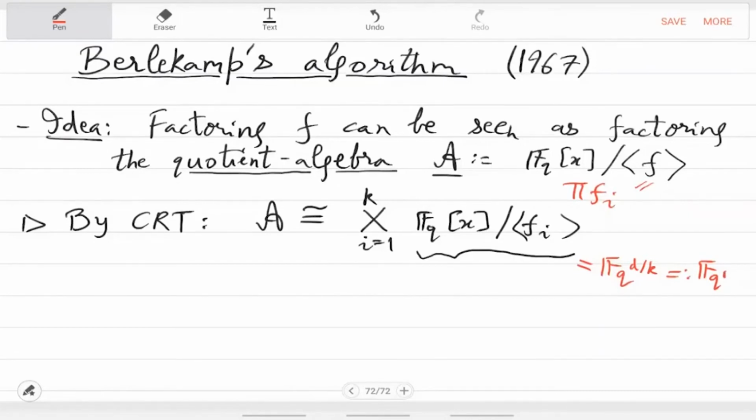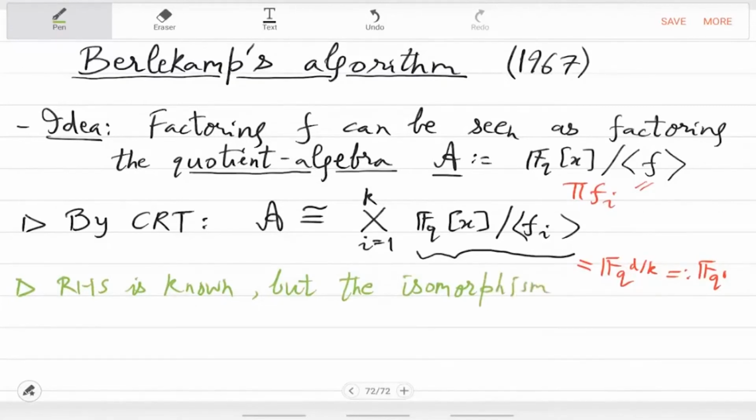So this is the way we see factorization of f. We think of this as an unknown isomorphism. So the RHS is known, but the isomorphism we want to find, and hence find the fi's.